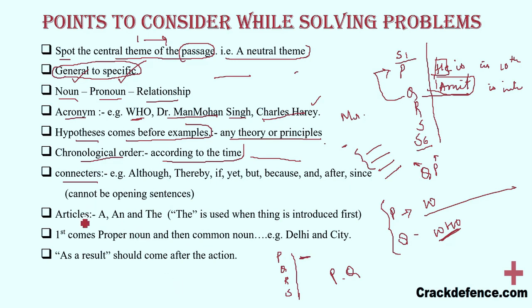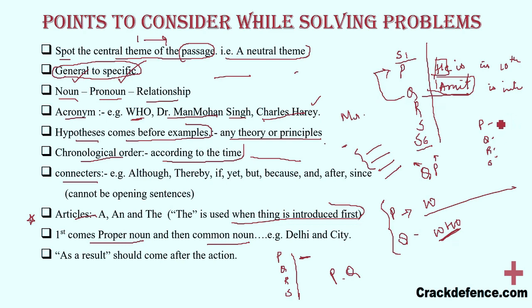Next, articles a and the. The is used when something is introduced for the first time. This is a rule which comes under parts of speech. Again, first will come the proper noun and then the common noun. Whenever we want to say anything regarding any place, we will introduce the proper noun first and then the common noun.